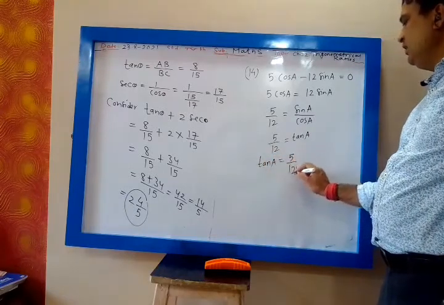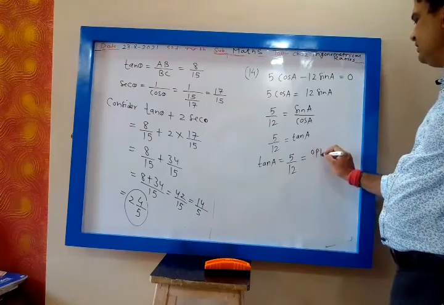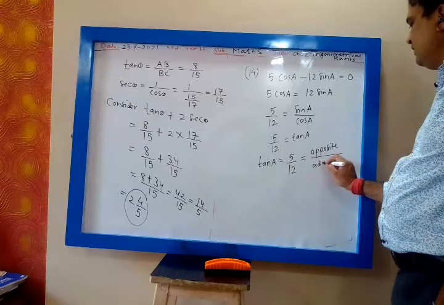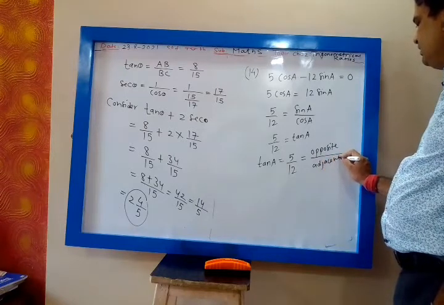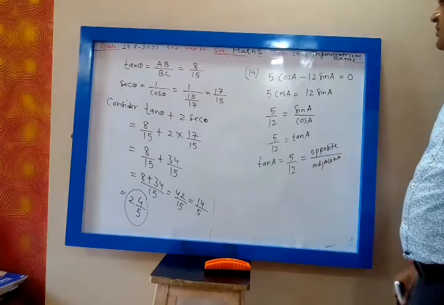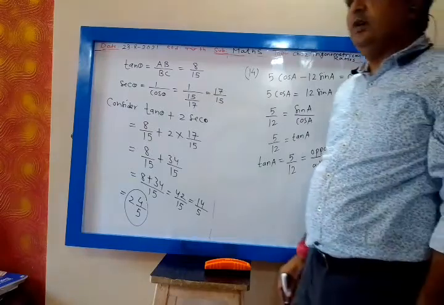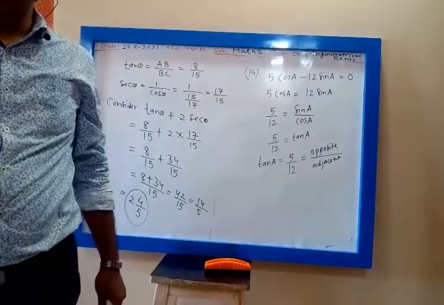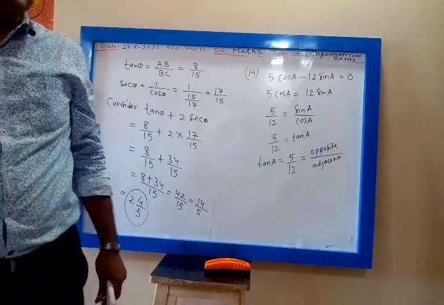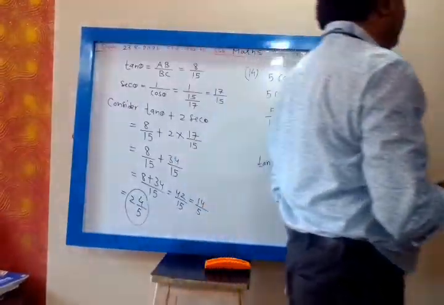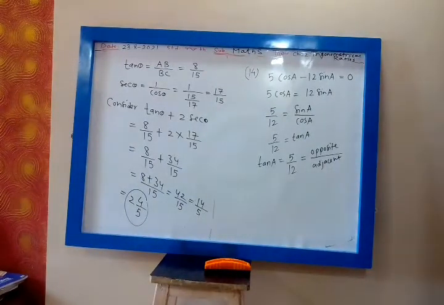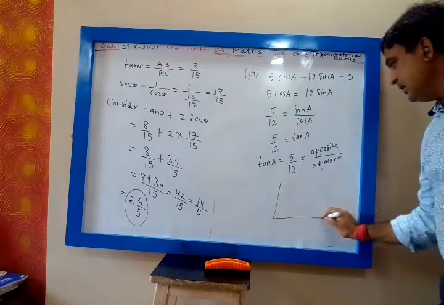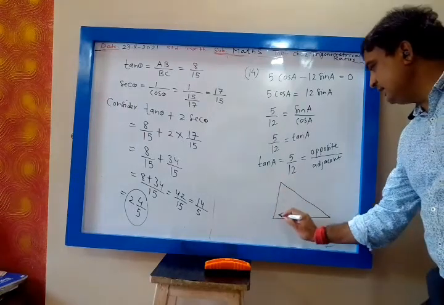Correct? And what is tan? Tan is opposite upon adjacent. You can do it with cot also, no problem. Whichever way you want, you can solve this. But students are very much comfortable with sin cos tan. So now which is my reference angle, my dear?